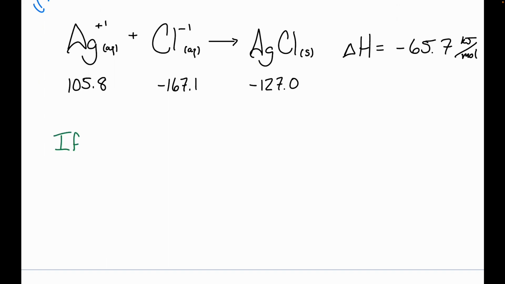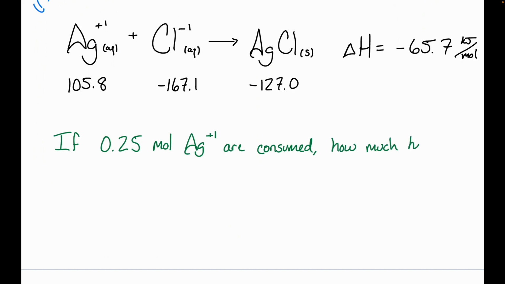Let's say if 0.25 moles of those silver ions are consumed, how much heat is absorbed or released by the reaction? All right, this is the enthalpy stoichiometry that we learned how to do last class.